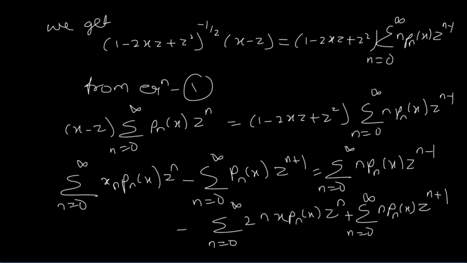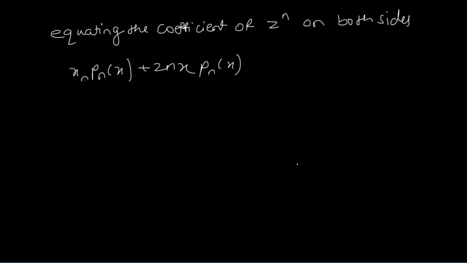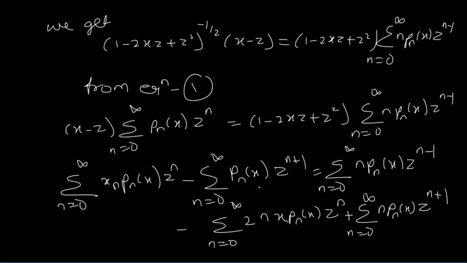Now here, wherever z raised to n, here 1 we get, and another one is here, if you replace n by n minus 1, if n varies from 0 to infinity, right? So therefore if you replace here n is equal to n minus 1 in this, plus 1 minus 1 get cancelled, so this becomes z raised to n, and here also you replace n by n minus 1, so it is Pn minus 1 of x. So this is the coefficient of z raised to n. So one more we get Pn minus 1 of x here.